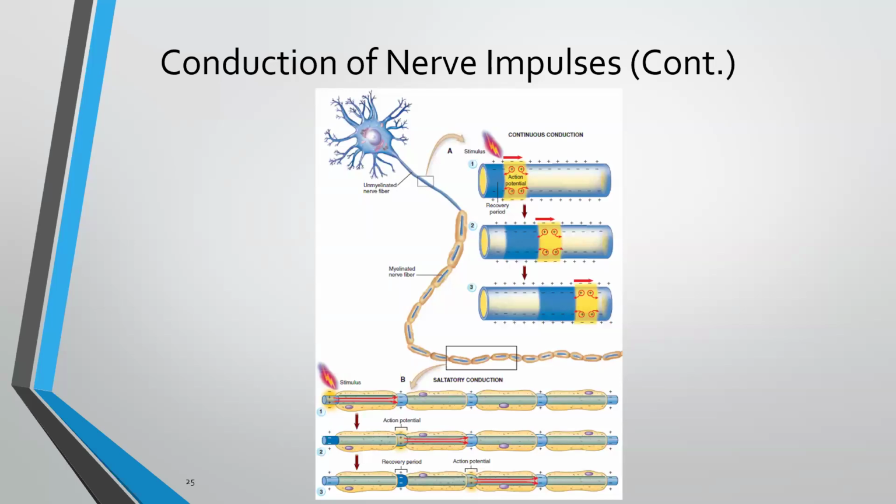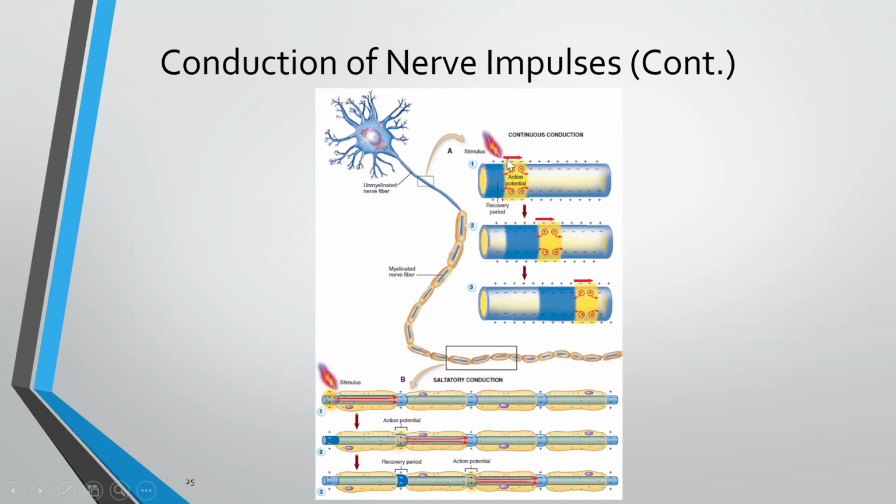Here's an illustration of how this works as well. You can see on the outside of the neuron is the positive sodium, and on the inside is the negative potassium.